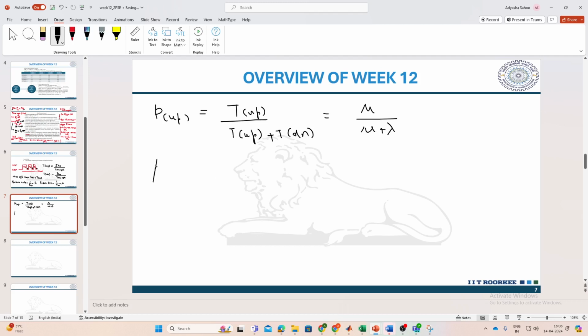Similarly, for the probability of being down, it is downtime by T up plus T down, that is lambda by lambda plus mu.